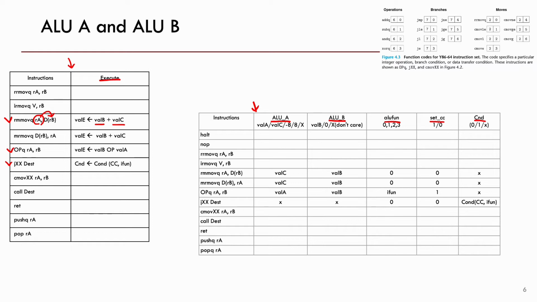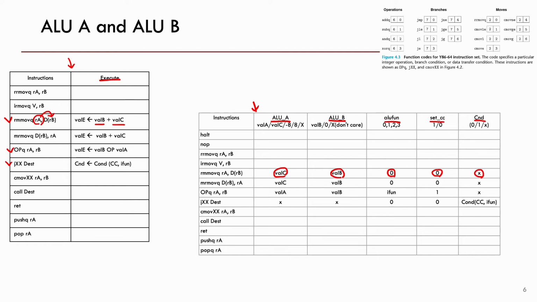For this computation, we select val C by ALU A and val B by ALU B, and the ALU function code would be 0 because we need addition. Since it is not a logical or arithmetic instruction, we don't set the condition code in the CC module. And we don't care about the output of the cond module because it is not a jump instruction.